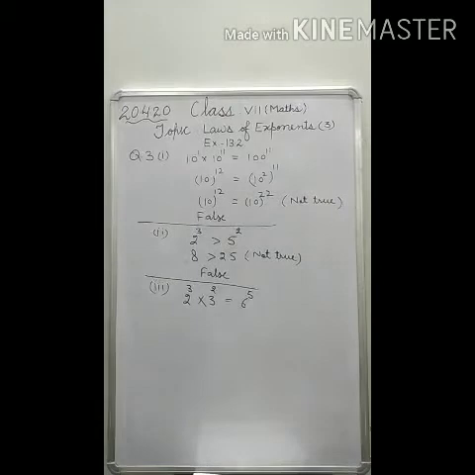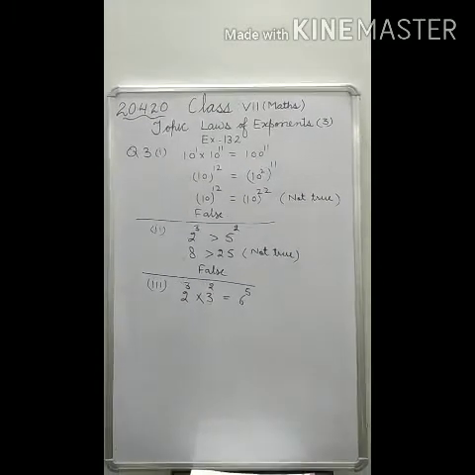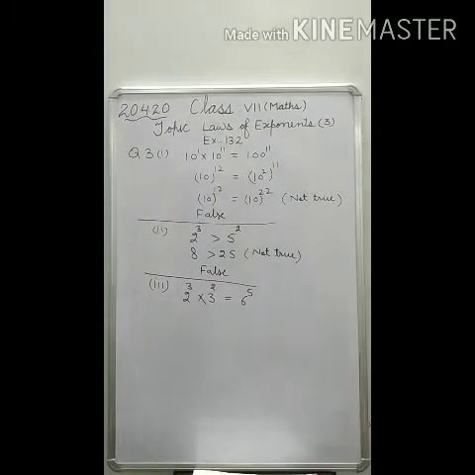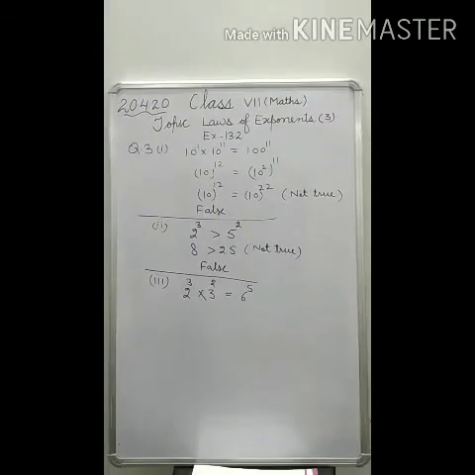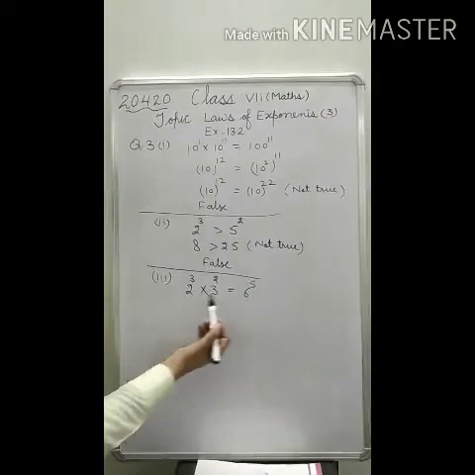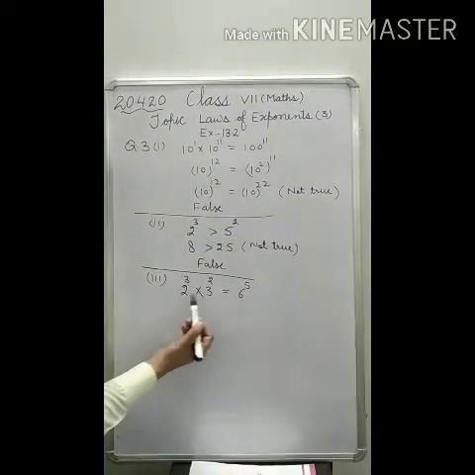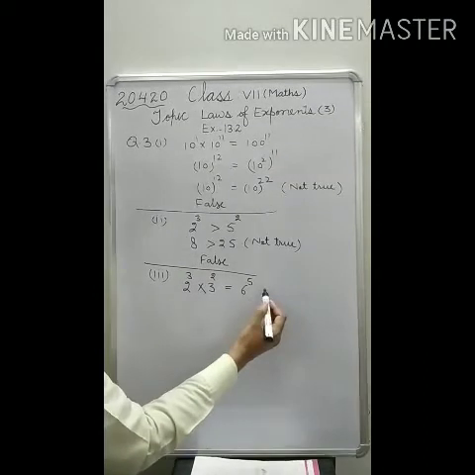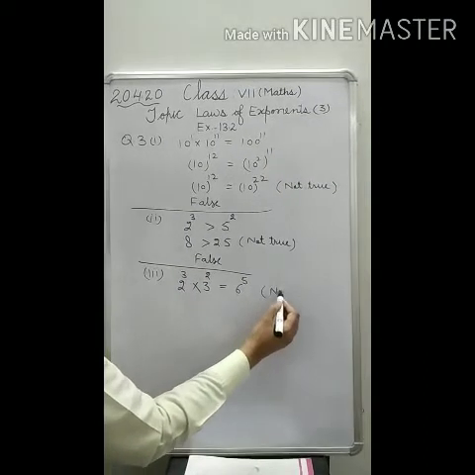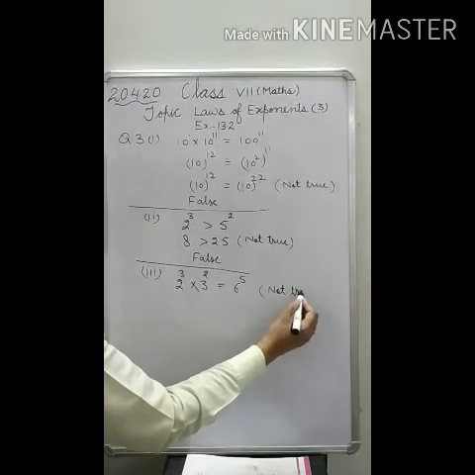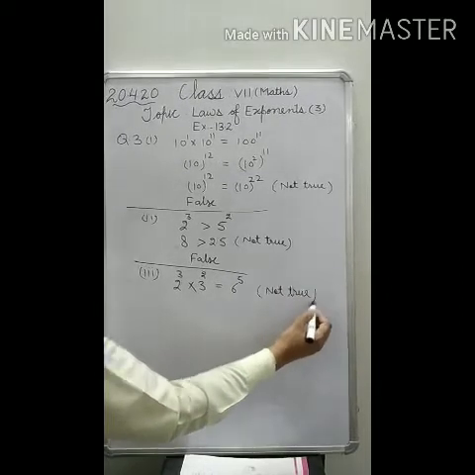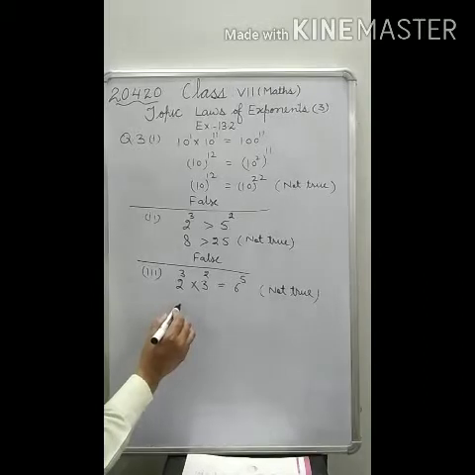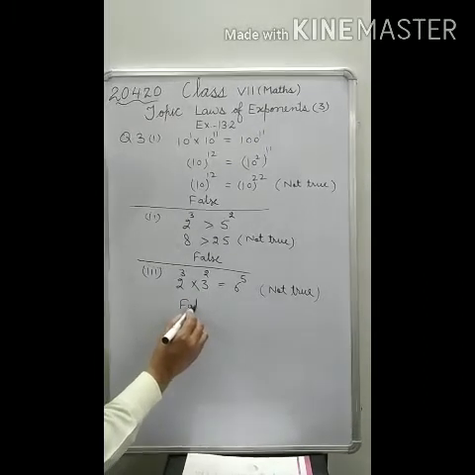Here neither the bases are the same nor the powers are the same. So we cannot apply any identity here. But in the right hand side, the bases are multiplied and the powers are added. It means this is not true. So therefore, the given condition is false.